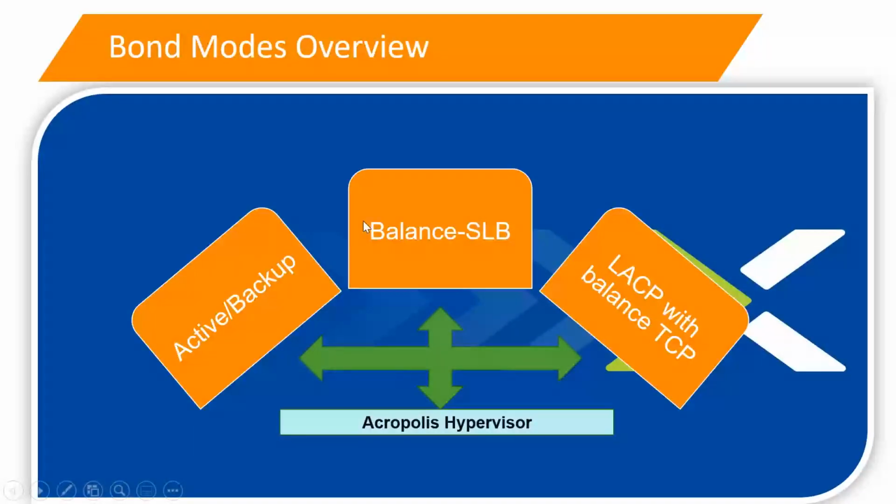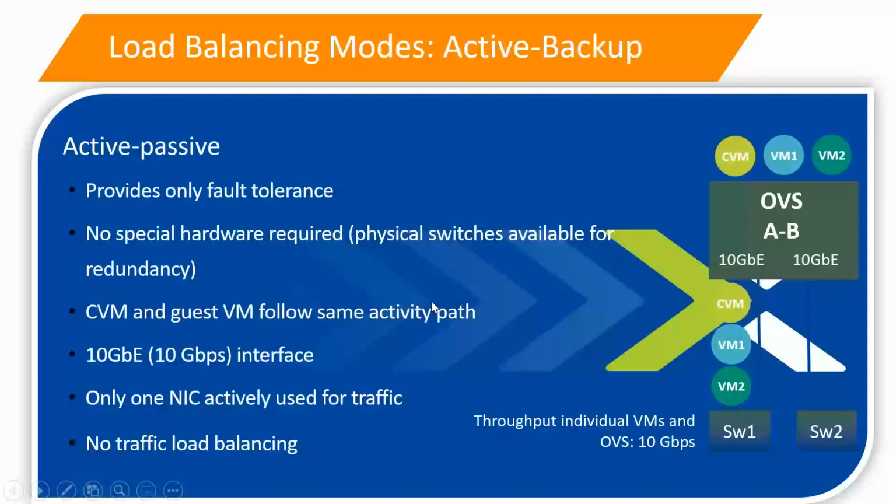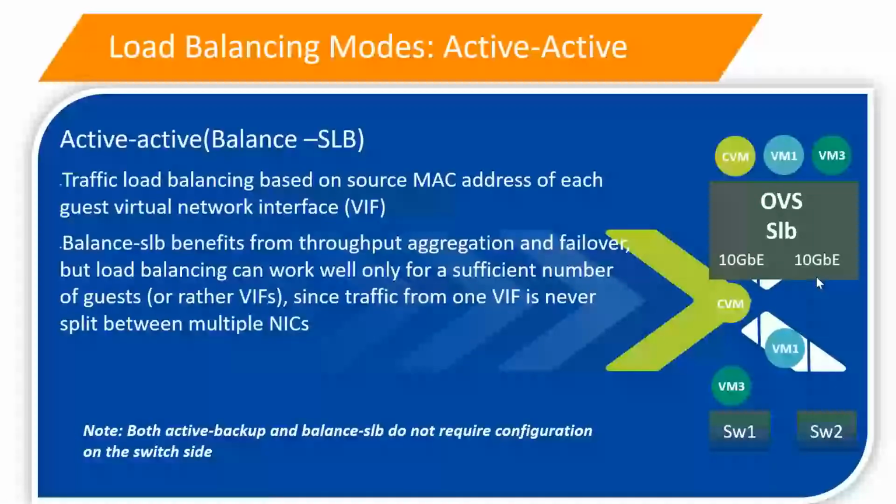Okay. And last, we have the bond modes: active-backup, balance-slb, and balance-tcp with LACP. In active-backup, only one interface is active. It is connected to two switches and we have two interfaces, but all the traffic goes over one interface, while the other is on standby for backup purposes.